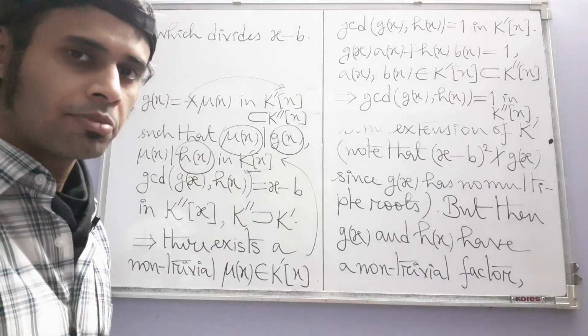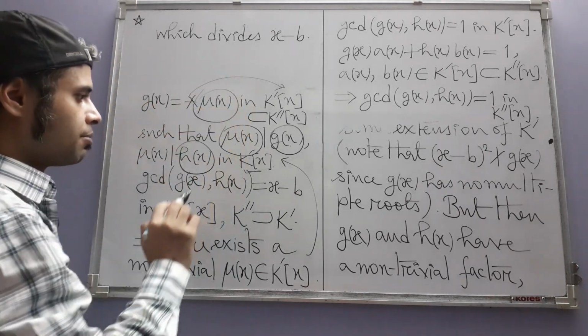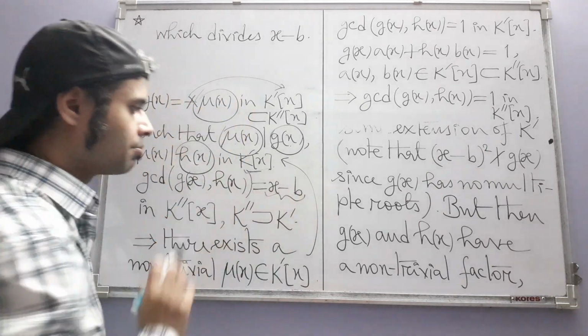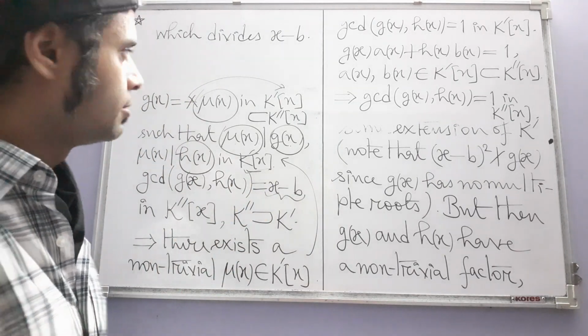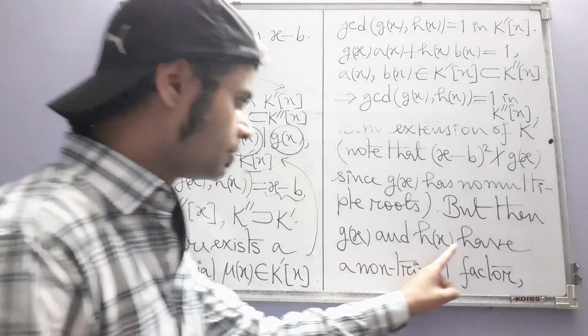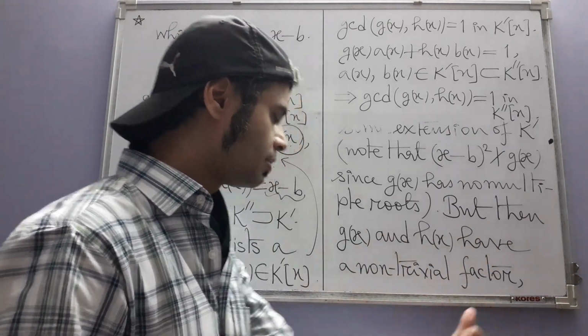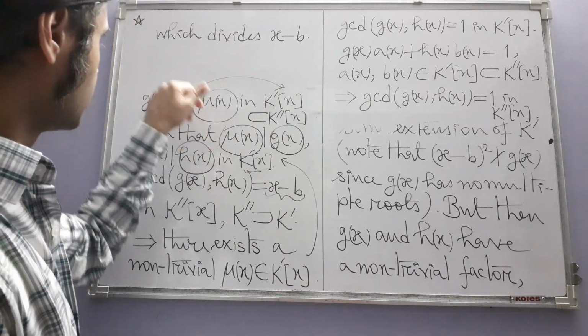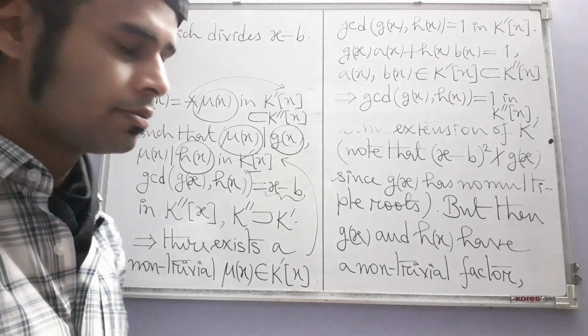So by one of the properties of GCD, this mu x must divide x minus b in the larger ring. That's what we have written, that then Gx and Hx must have a non-trivial factor mu x which divides x minus b. Okay.